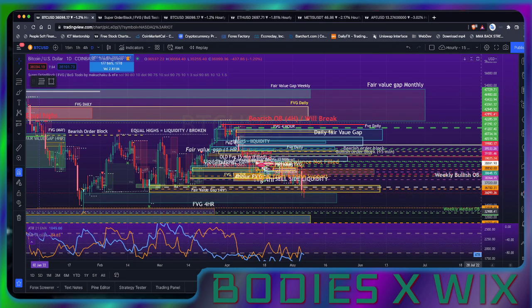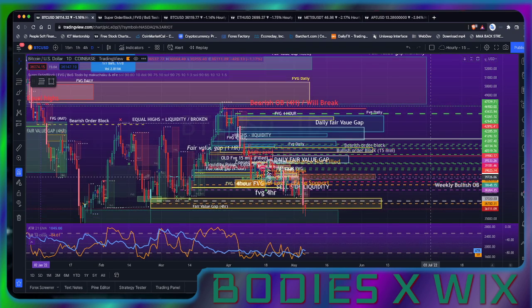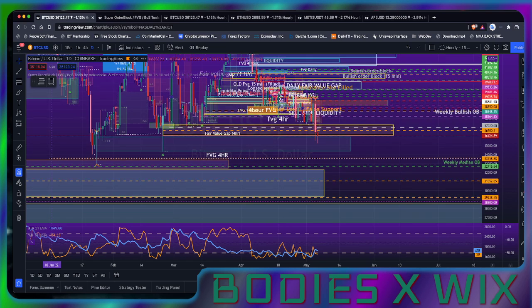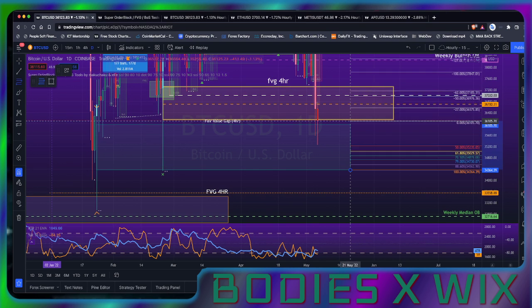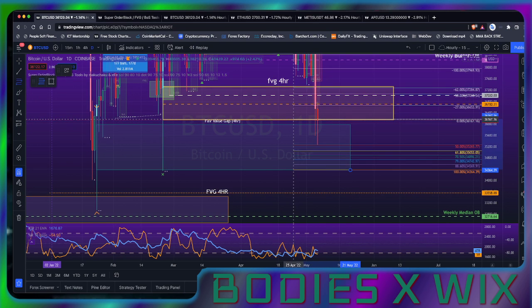Oops, didn't mean to do that. I want to see what it's like on boom. Okay, so if we put a fib on that 4-hour fair value gap, top to bottom, hits about exactly the middle. Boom, turns around, it's going back up.